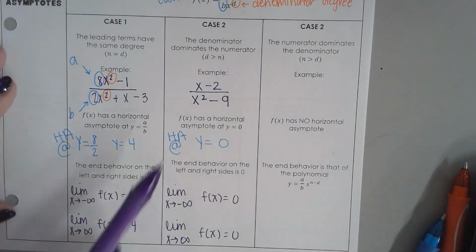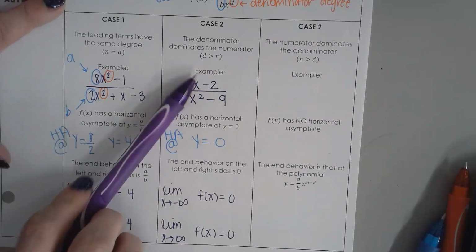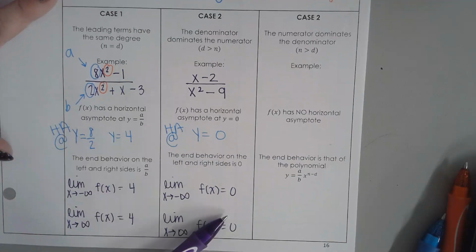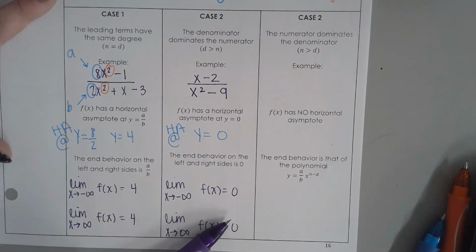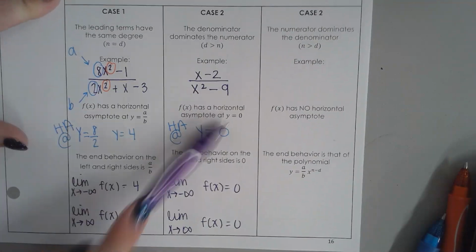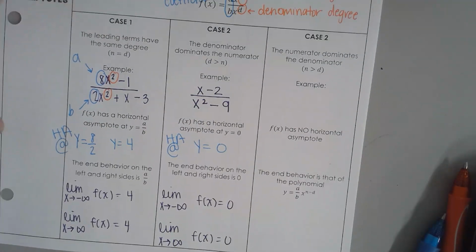If I were to plug in 10,000 for those x's, I would get a number really, really close to 0. Or 100,000, or a million, or a trillion. I get a number close to 0.